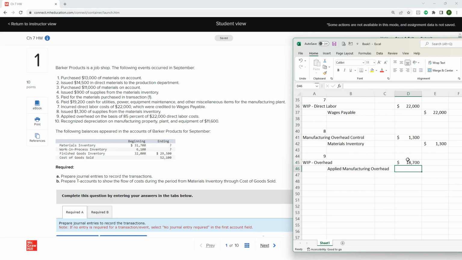And number 10, we recognize depreciation on property, plant, and equipment, PP&E, of 11,600. And remember, when we're doing actual expense numbers, we're going to debit manufacturing overhead control. And our credit is going to be to accumulated depreciation. And the question tells us that we're going to recognize depreciation of 11,600.